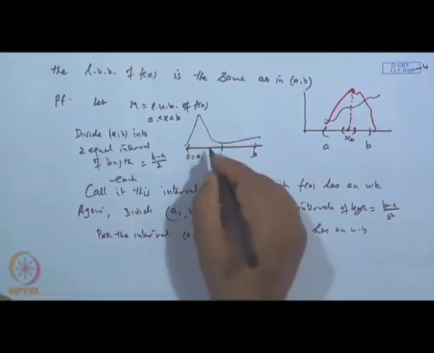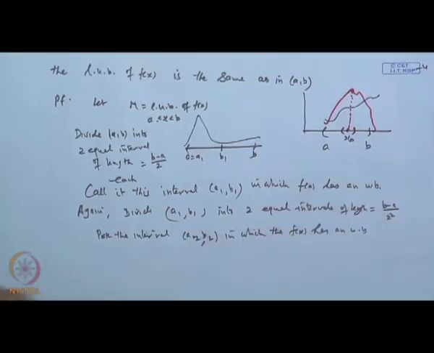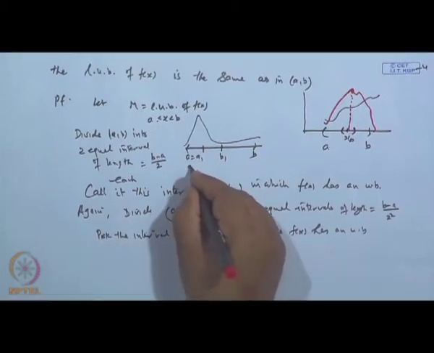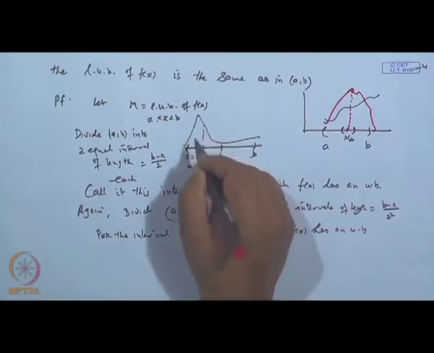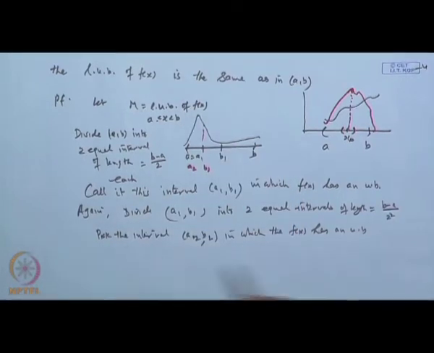So, you are further dividing it into two. Now I am picking this one, we call it a2, this is b2, because in this only the upper bound lies. Continue this process.